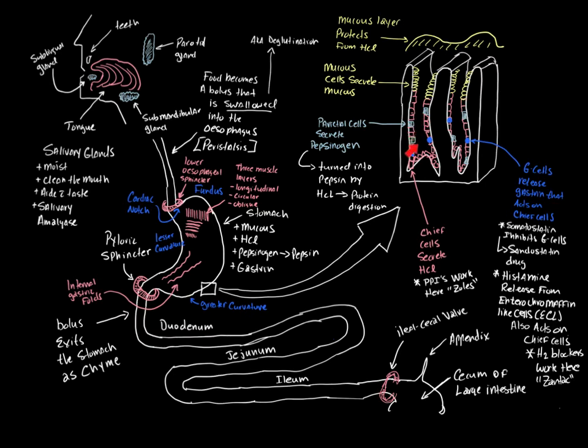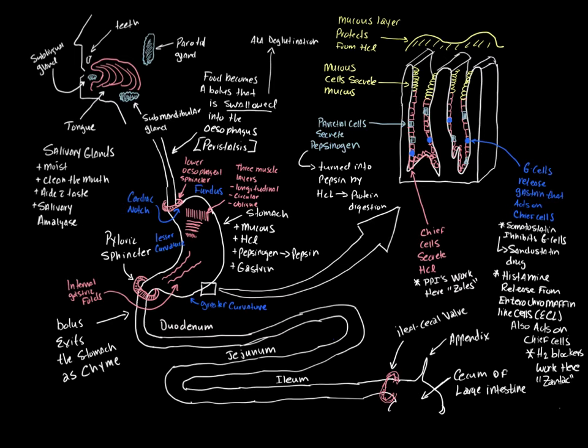And then embedded in this layer, you have two other types of cells as well. You have these grayish looking cells here. Okay? And these are known as parietal cells. And what the parietal cells do is they secrete a proenzyme rather, called pepsinogen.